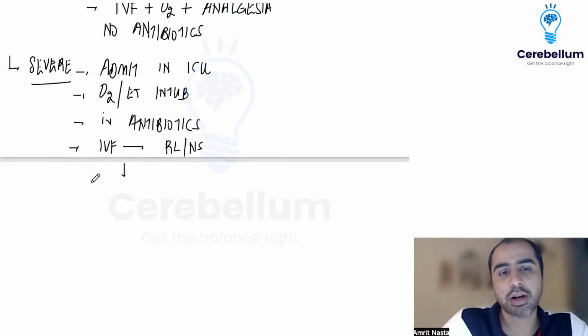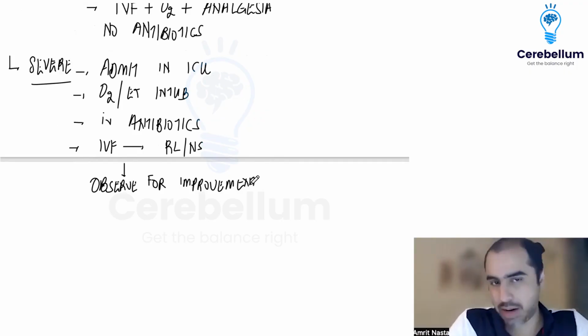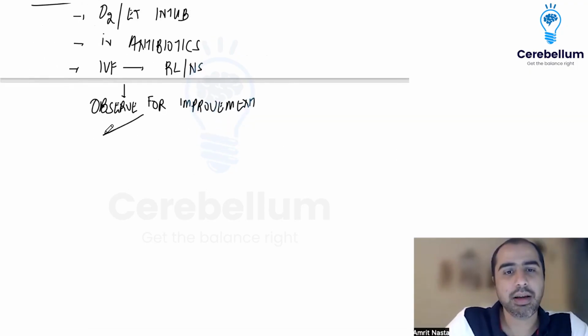After this, you will observe and see, is he improving? Observe for, is the renal failure getting better? Is the ARDS getting better? You observe. Two things can happen. Either he improves. If he improves, well and good.